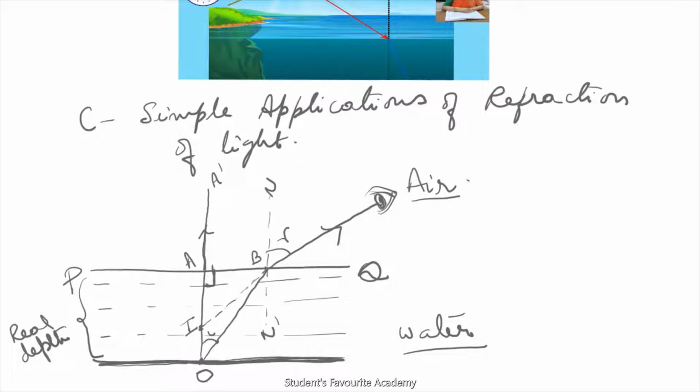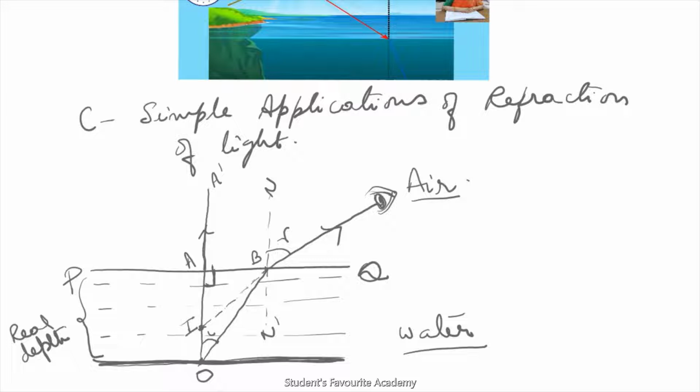So you will feel that you are seeing the coin, but actually you are seeing the virtual image of this object O. You will feel the refracted rays are coming from this point, which is the virtual image of the object O.